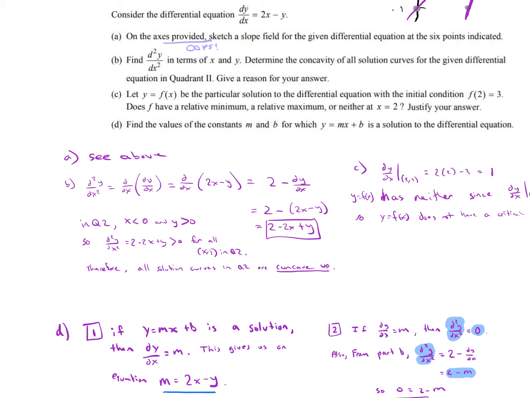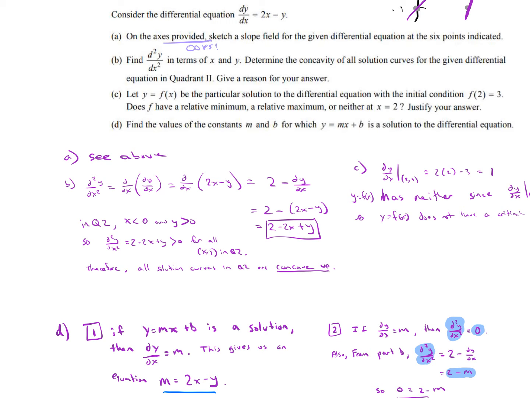For part C, I have y equals f of x is the particular solution with the initial condition f of 2 equals 3. Do we have a relative minimum, maximum, or neither at x equals 2? Justify your answer. Well, if y equals f of x is the solution to this differential equation, that means dy/dx is going to equal this. So this is our slope anywhere on that.